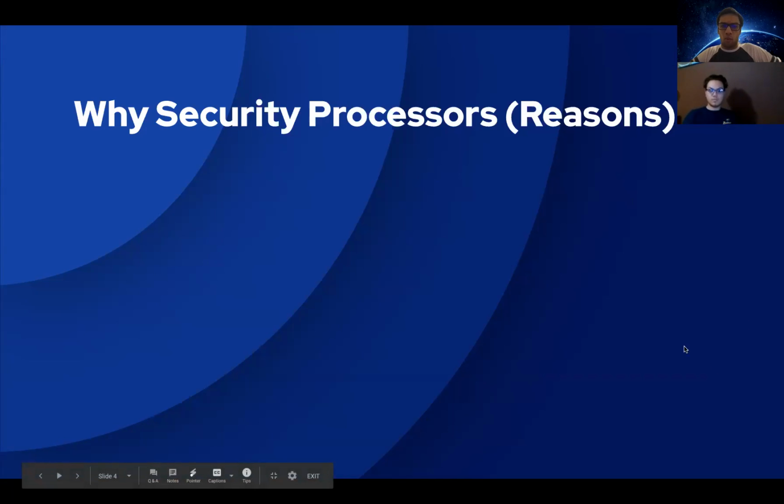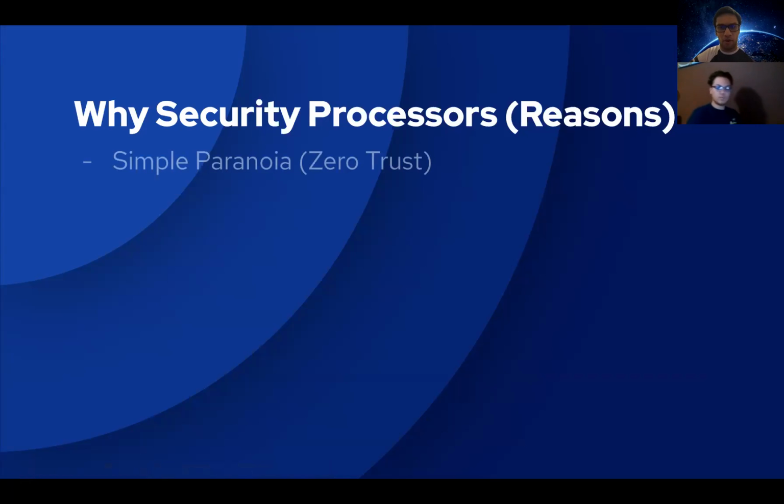So, why security processors? Just a continued slide from before. Some reasons to have these: just simple paranoia, of being paranoid about security. There's also the whole zero trust category, where there's a movement going on right now where people have zero trust for big companies such as Google, and zero trust in general.